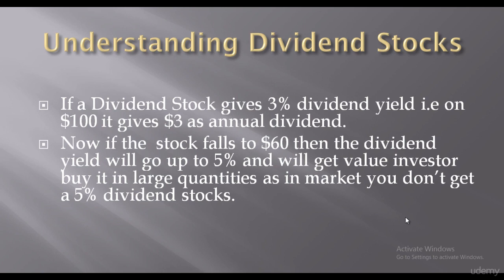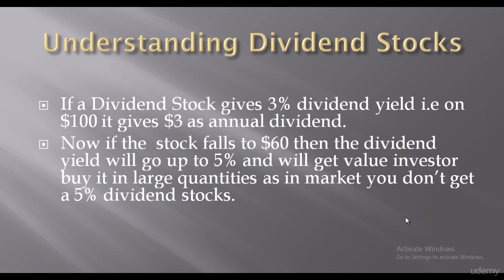But at $60, $3 annual dividend would mean 5%. So you as a value investor will jump in, because getting 5% yield is really hard to find. So you would jump into that stock as a value investor, and you will buy large quantities, as 5% dividend yield stocks are hard to find.